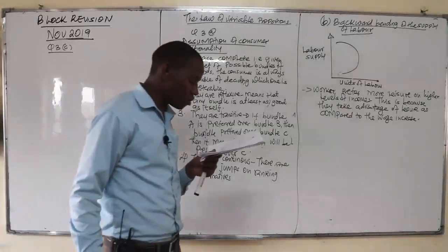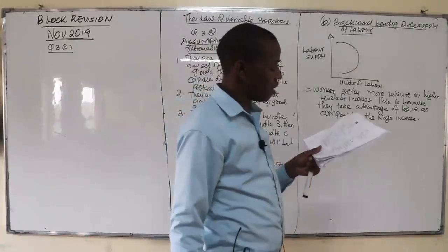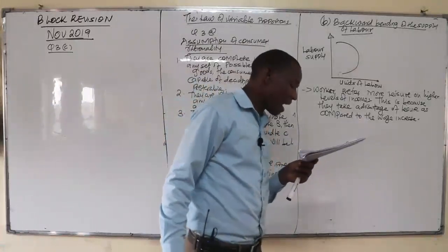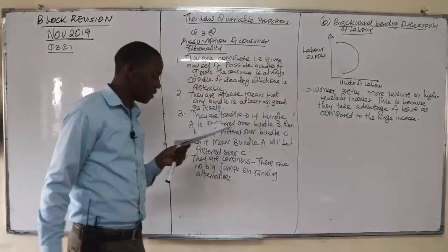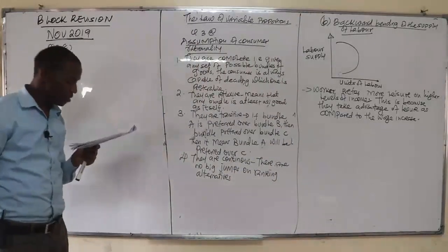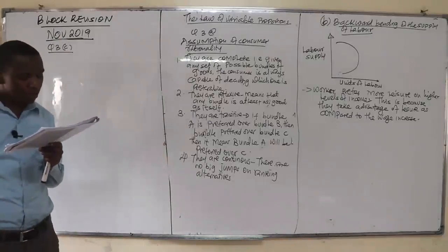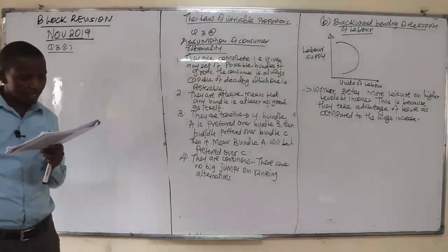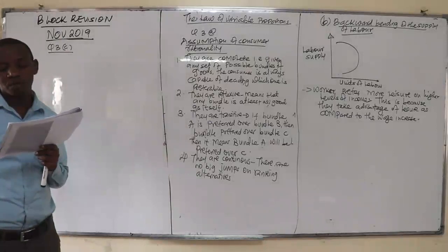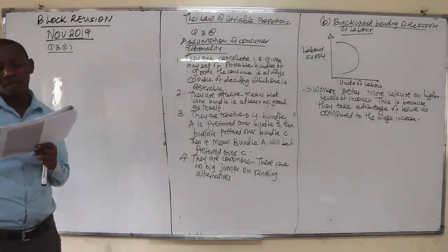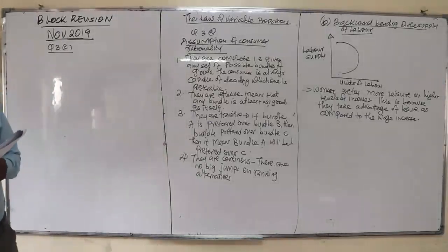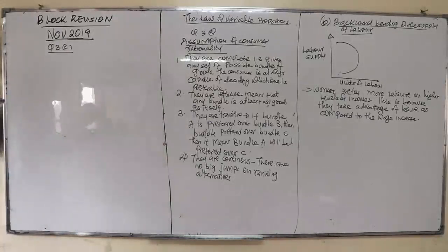The total cost C of product R is given by the function given there, where Q is the quantity of product R produced and sold. Required: the revenue function, profit, and at equilibrium, the equilibrium price.